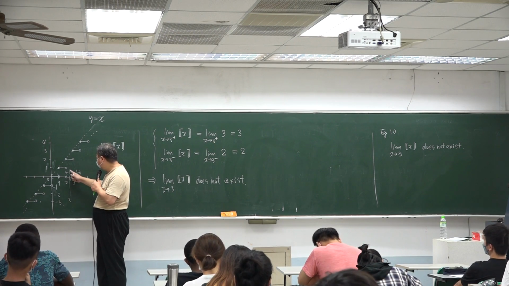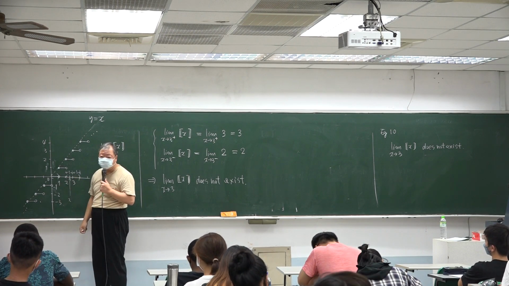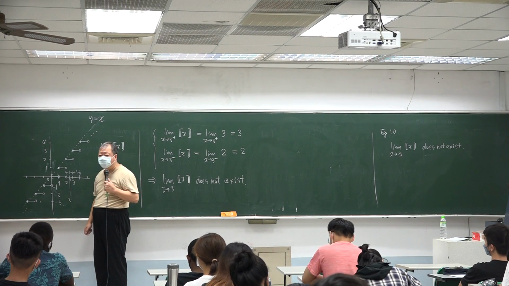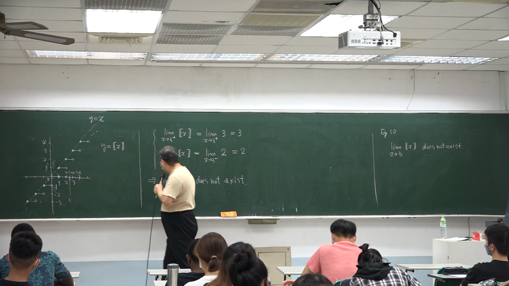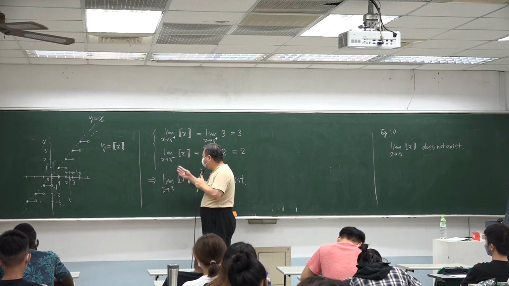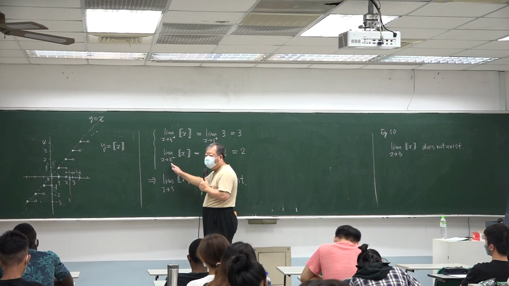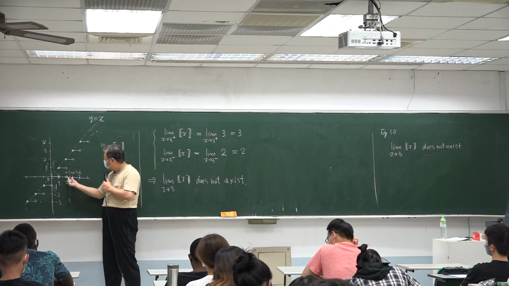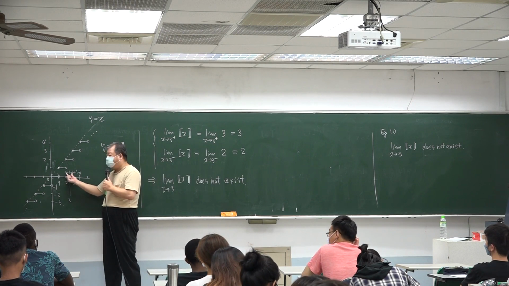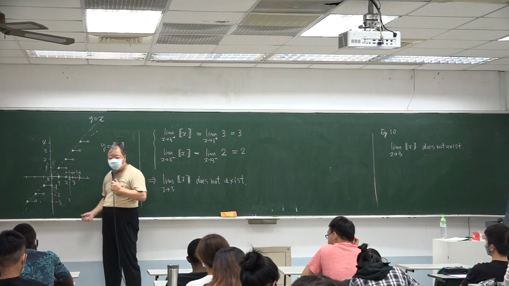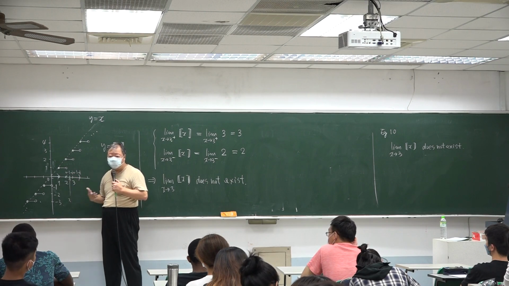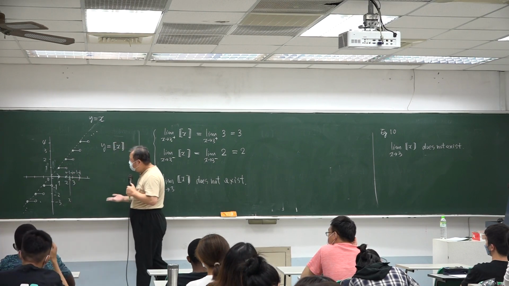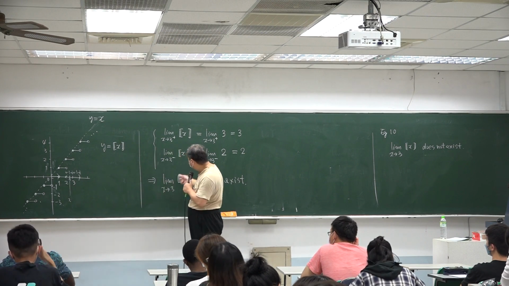This is the reason why the value here is 2. Since we consider x nearby 3 and on the left of 3, we can consider only radius 1 or even smaller than 1. That's enough for us. It suffices for us to determine this limit.